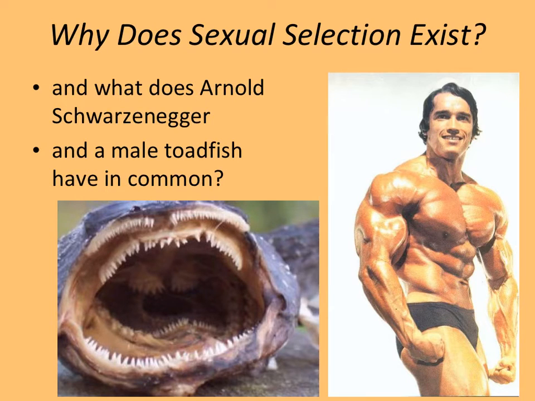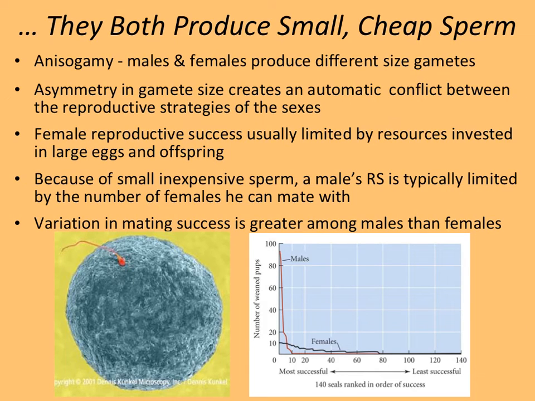Why are males generally similar to each other? Not just because you can have small males and big females, so that doesn't matter. It's actually simple. It's gamete size. They're similar because they both produce small, cheap sperm.